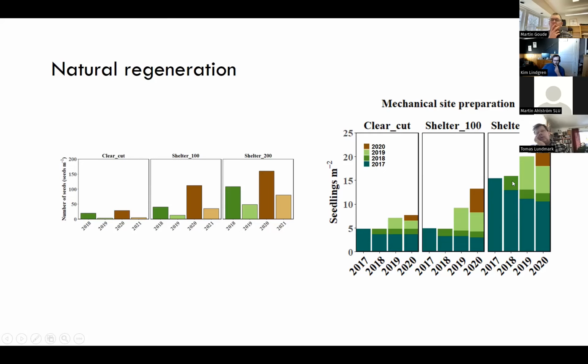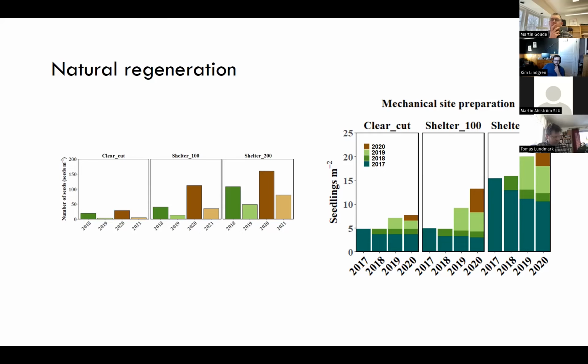So the hypothesis was that the seeds from 2018 couldn't germinate because it was too dry, and maybe some of them managed to survive over winter and then germinate the next season in 2019. But this is just a hypothesis, and most of the previous studies show that pine seeds actually have a low chance to survive winter and germinate the next season. That was one of our hypotheses which we couldn't actually confirm, but I thought it was quite interesting.